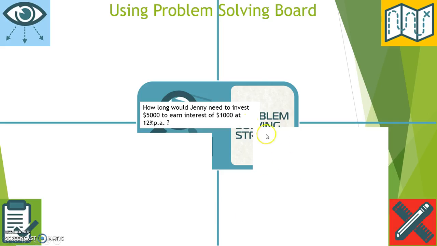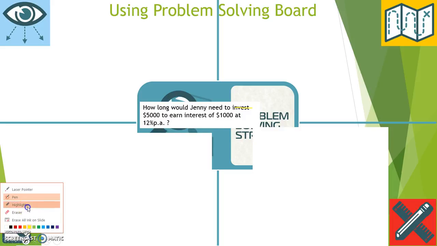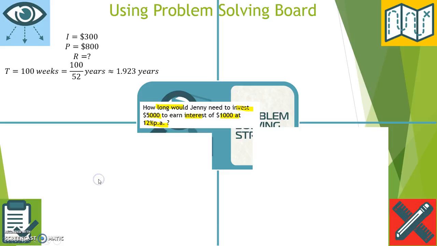On our think board, let's think about that again. Same as before, highlight our critical information. We want to invest $5,000, earn interest of $1,000, and it's 12%. So we want to know how long. Incorrect question there, so let's just ignore that.